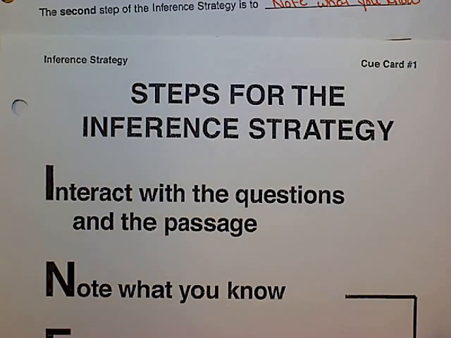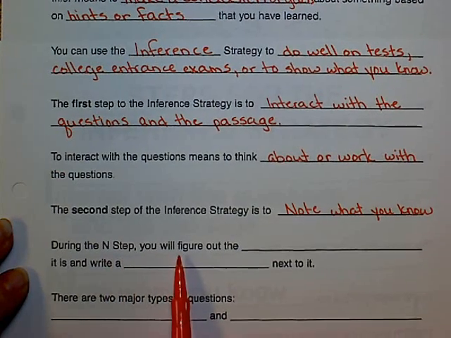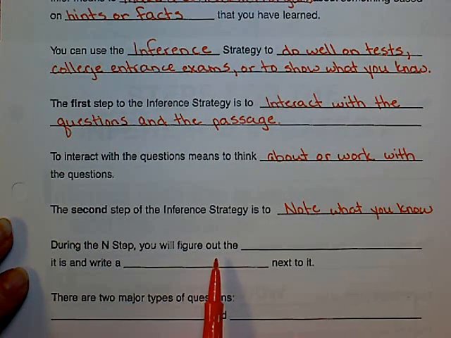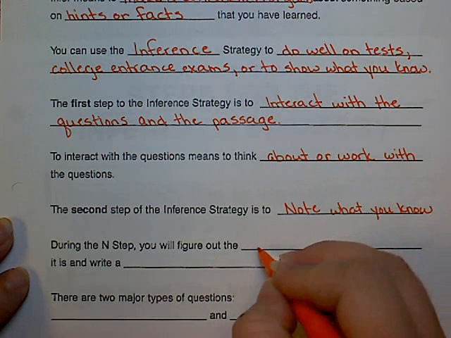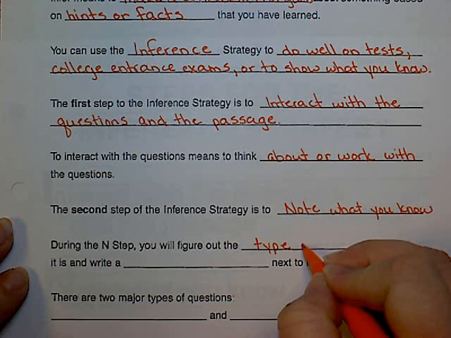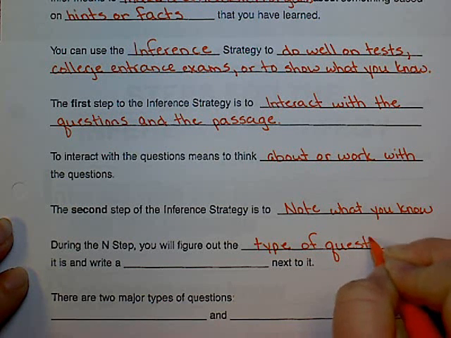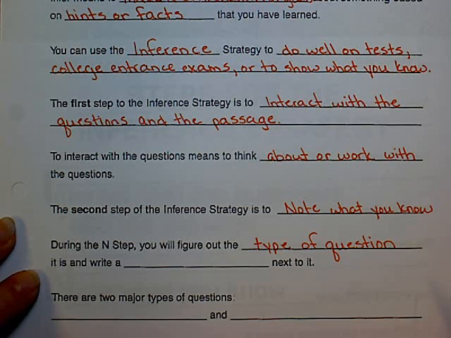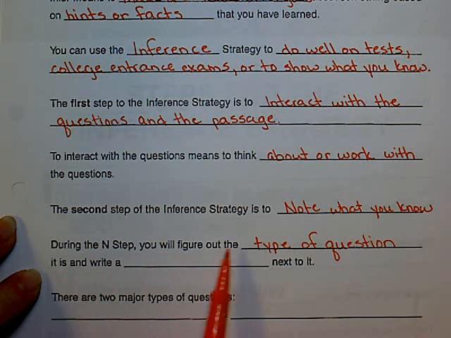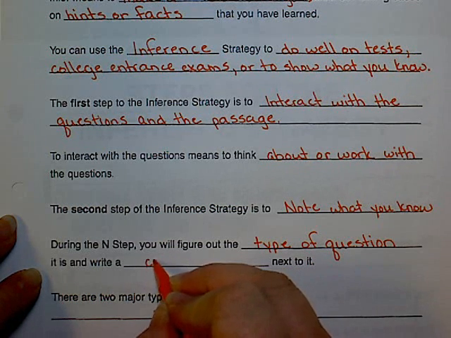Okay, so let's go back to our notes. I know it's very busy, but let's go ahead and think about these. So during the note step, you will figure out the type of question it is and write a code letter.